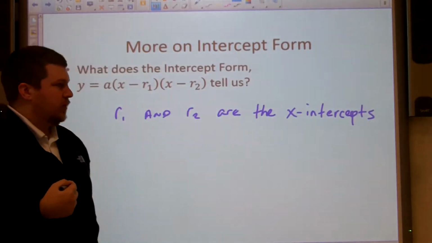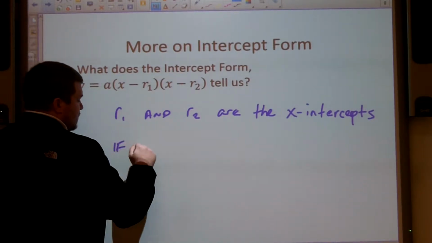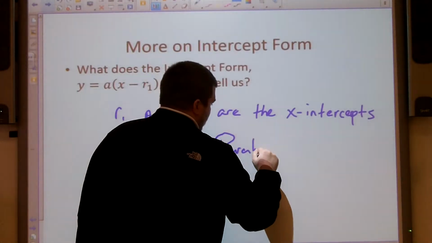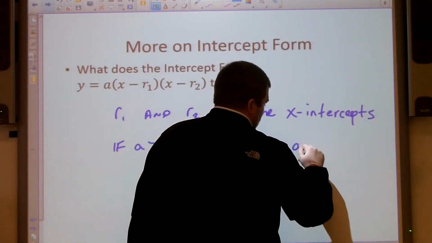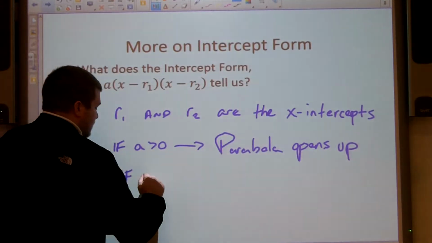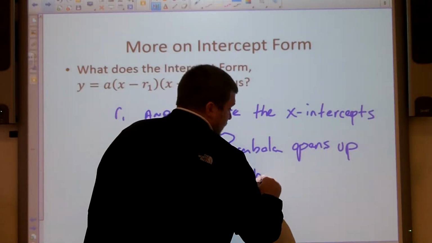Okay, that's very important for you to know. And then again, just like we saw before, if a is positive, the parabola opens up. And then if a is negative, the parabola opens down.